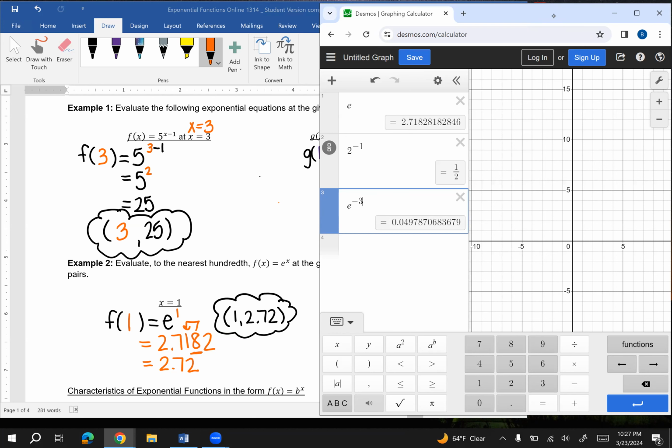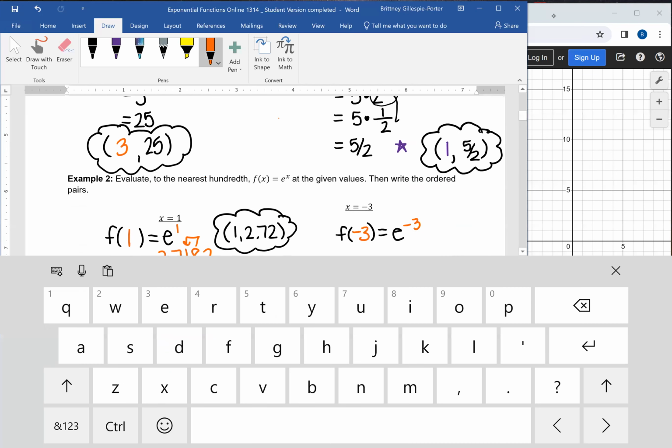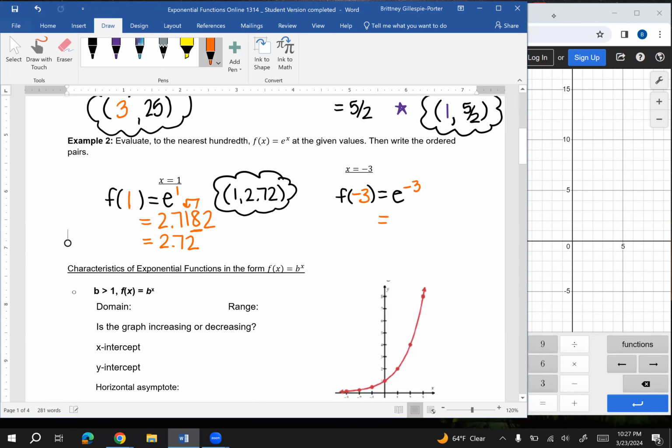So when we look at 0.0497, there we go. We're rounding to the nearest hundredth again. The 9 is enough to round us up, which means that we get 0.05. And we just found our ordered pair is -3, 0.05.